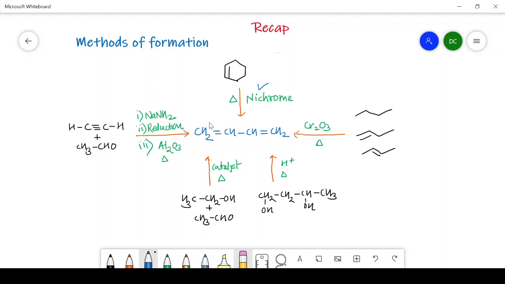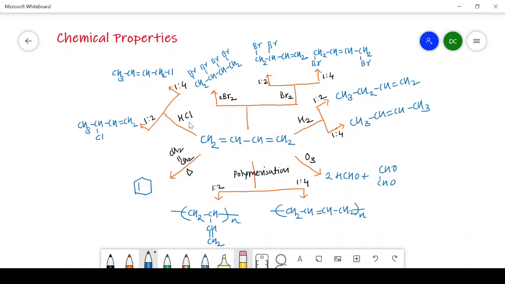Now turn towards the summary of chemical properties that we have seen. This is the summary of chemical reactions of 1,3-butadiene. It undergoes addition reaction with HCl, Br2 and H2, that is hydrogen, halogen and hydrogen halide.